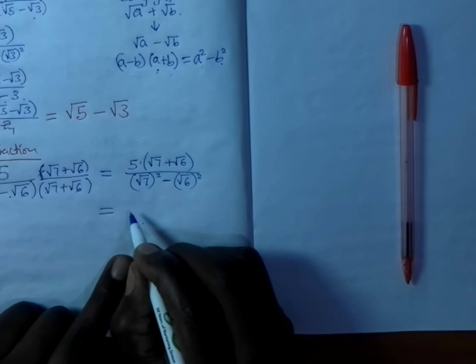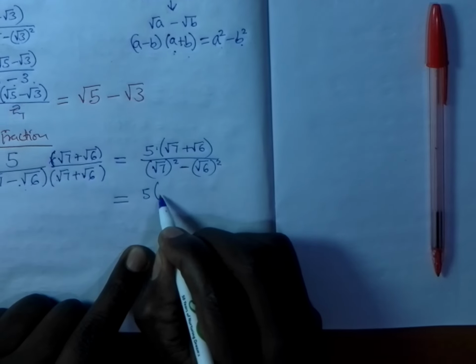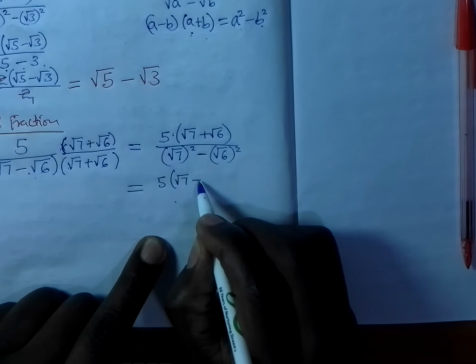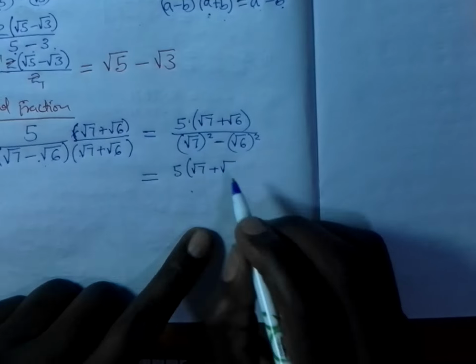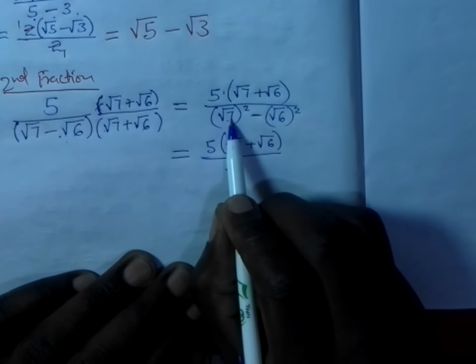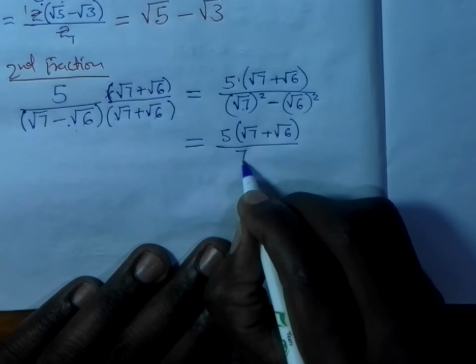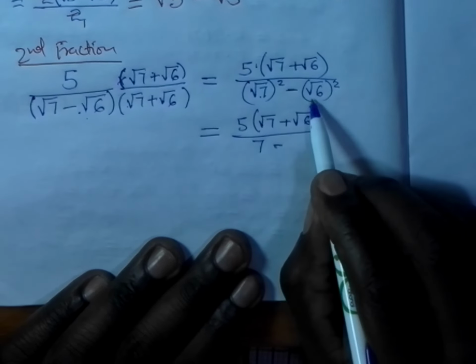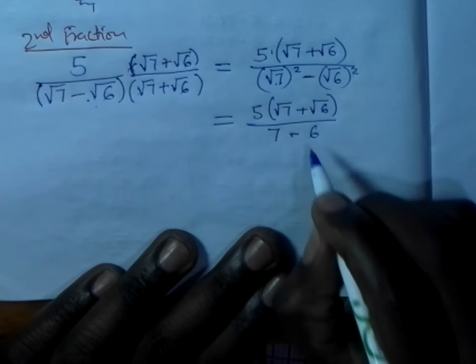So here we have 5, open the bracket, root 7 plus root 6, close the bracket, all over root 7 squared, we get 7, minus root 6 squared, we get 6.